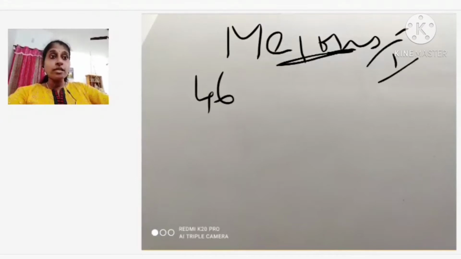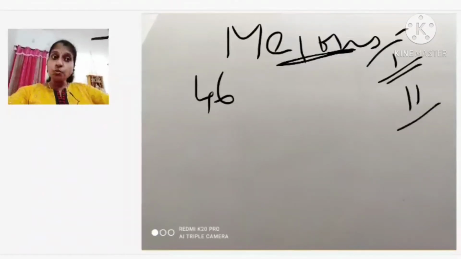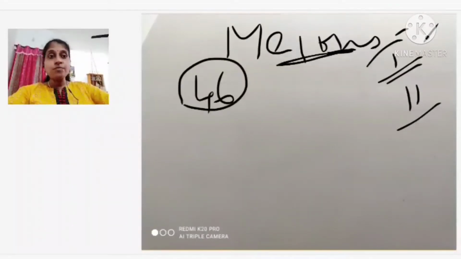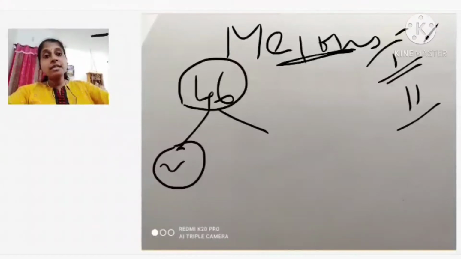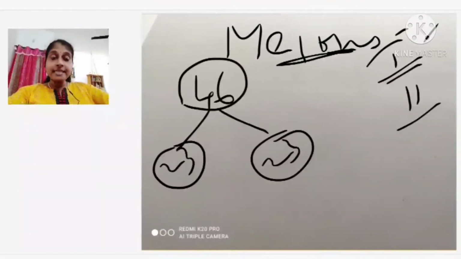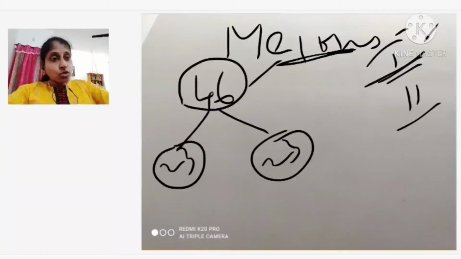First stage is called Meiosis One and the second stage is called Meiosis Two. In the first stage, from this one cell containing 46 chromosomes, I am getting 2 cells which are containing 23 chromosomes. So from this one cell, I am getting 2 daughter cells from Meiosis One.